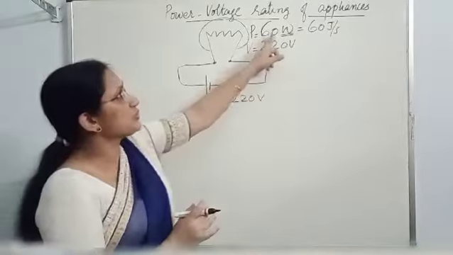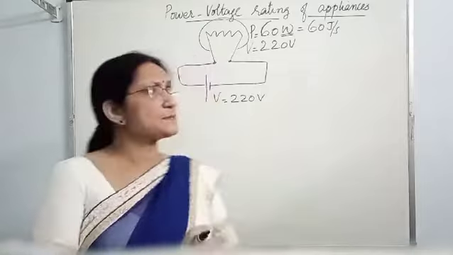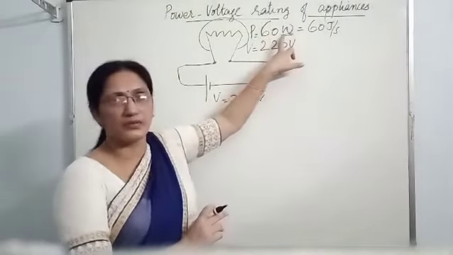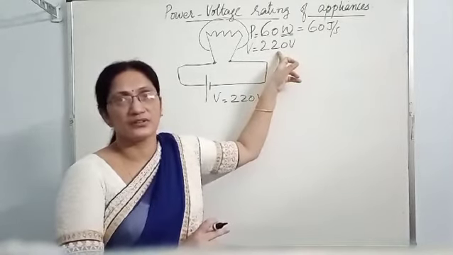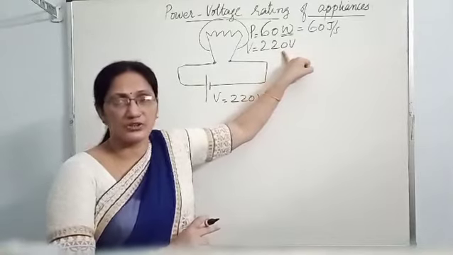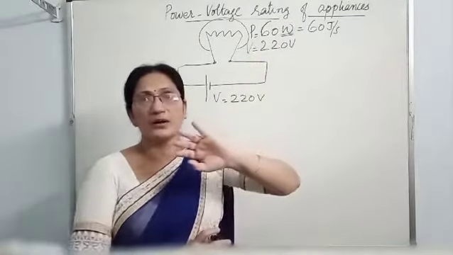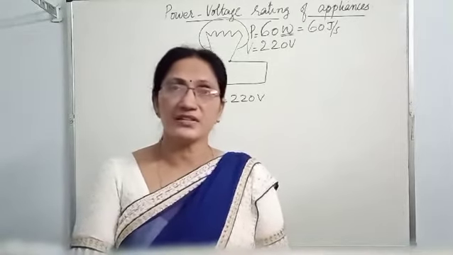These two labelings are interconnected. This bulb will have 60 watt power only if you provide a voltage of 220. If you fail to supply the required voltage of 220, the power of the bulb can't be 60 watt. Power varies with voltage.